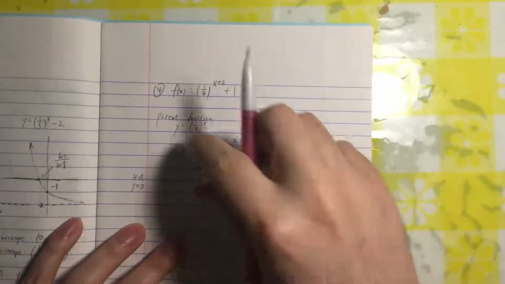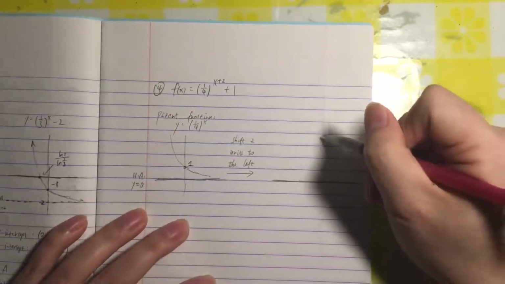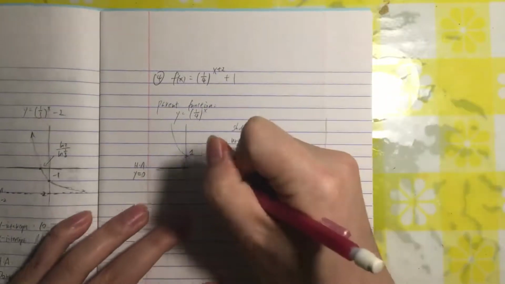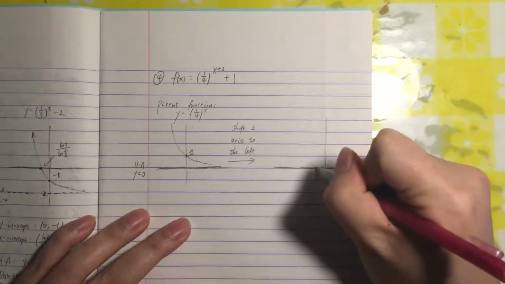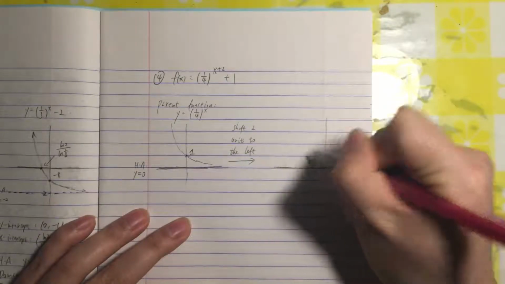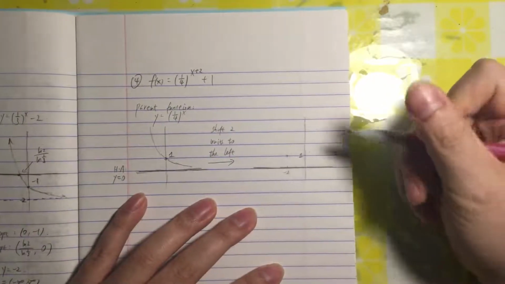If I shift the graph 2 units to the left, the horizontal asymptote stays the same. This point 0, 1 will be -2, 1, and the graph stays in the same shape.